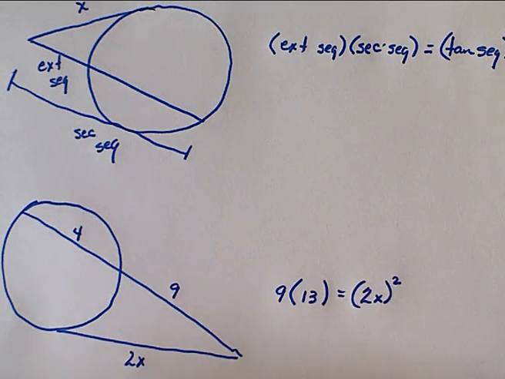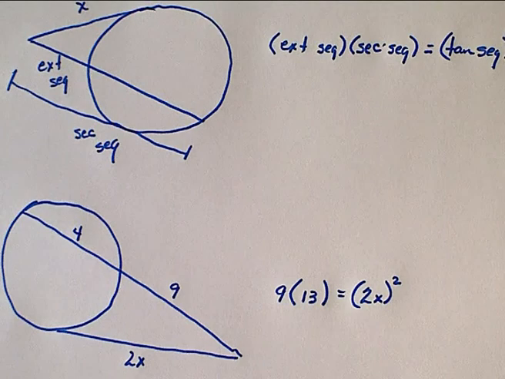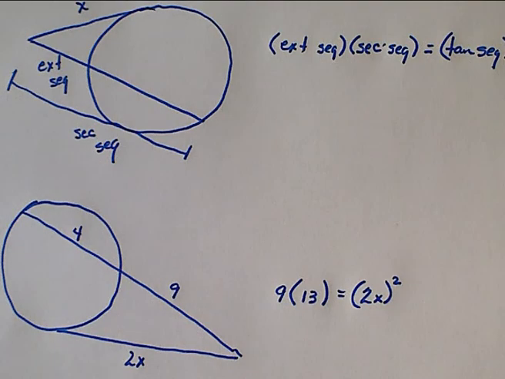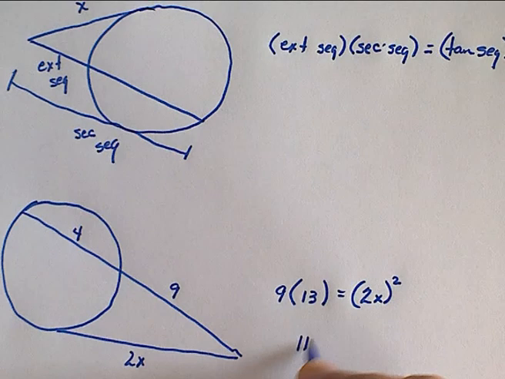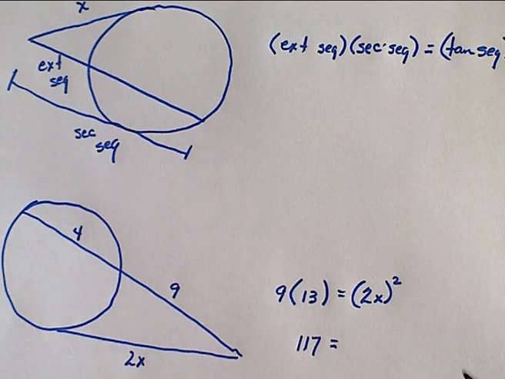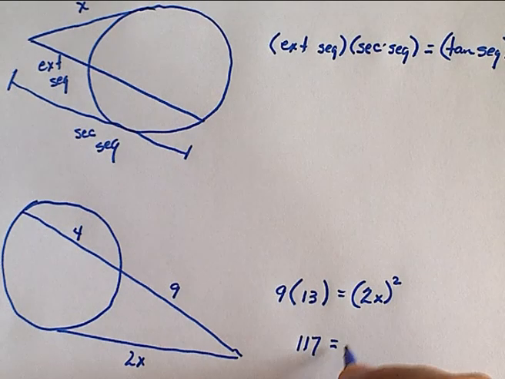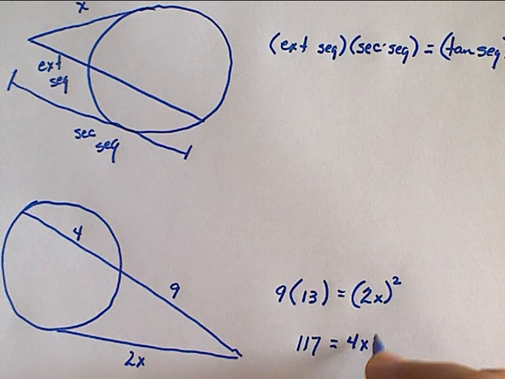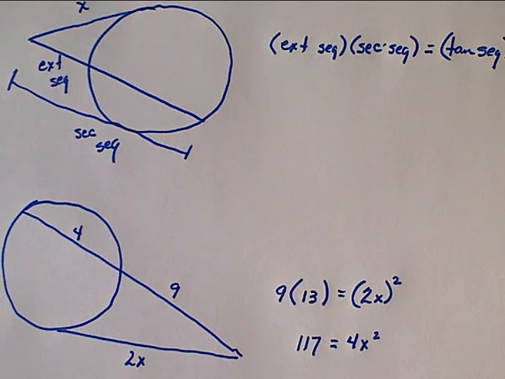So 13 times 9 is, don't trust myself, I get 117. Okay, 2x squared becomes 4x squared. I'm going to divide both sides by 4.